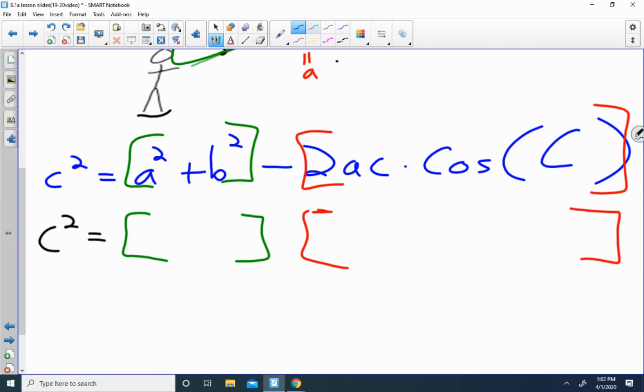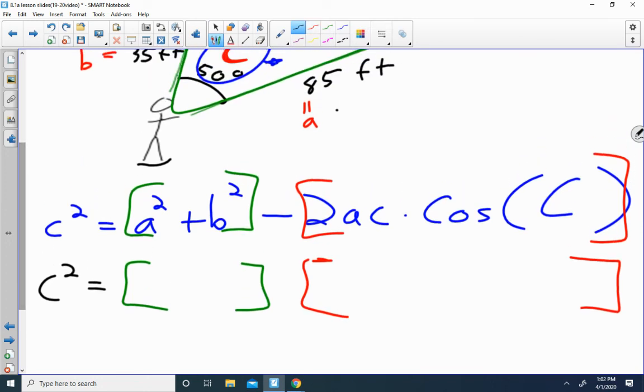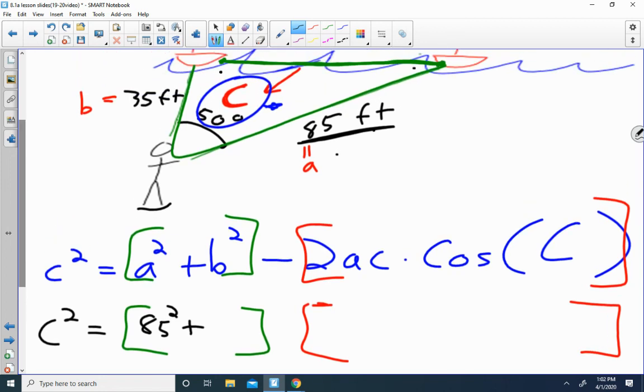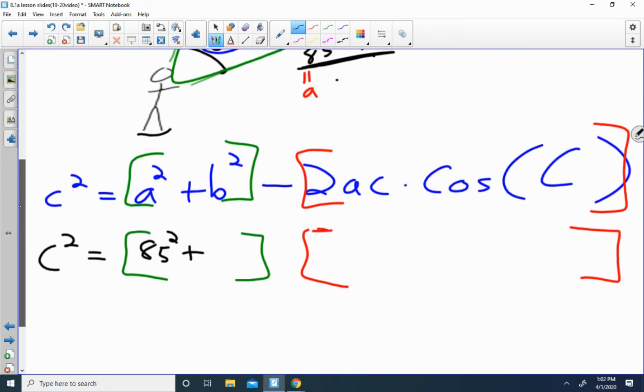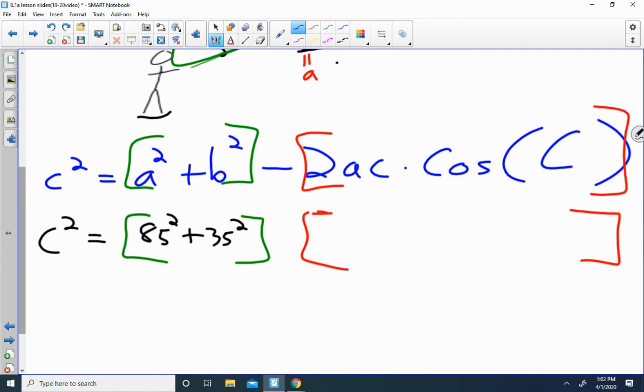Okay, so first, I need a squared. What did I label as little a? Little a is 85, so that's going to be 85 squared. Then plus b squared. What did I label as b? Little b was 35, so 35 squared.